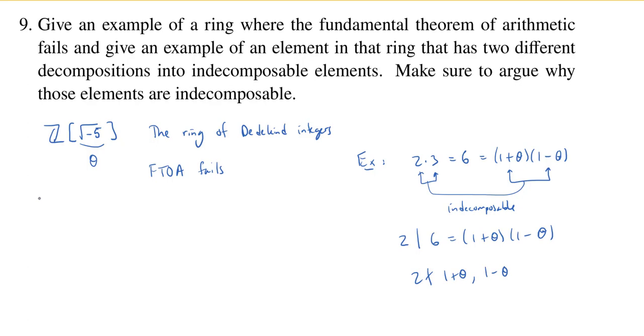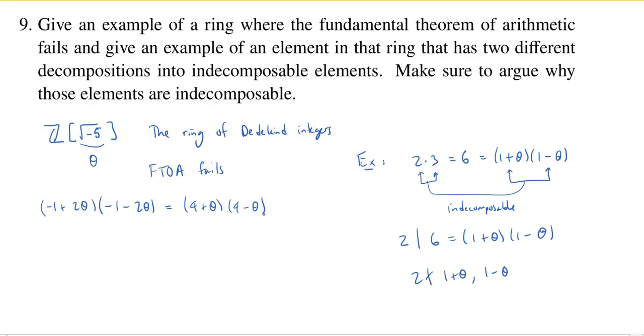So we're going to look at -1 plus 2 theta times its conjugate, -1 minus 2 theta. What I claim is that this is going to equal the same thing as if I multiply 4 plus theta times its conjugate, 4 minus theta.